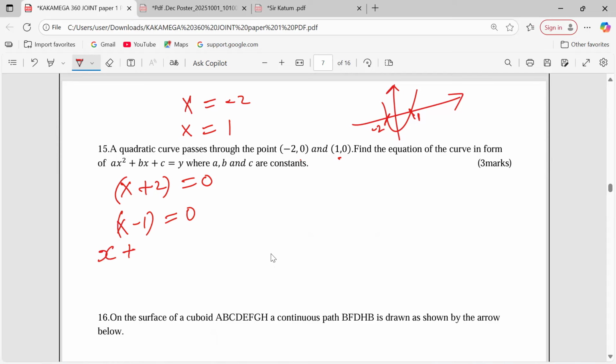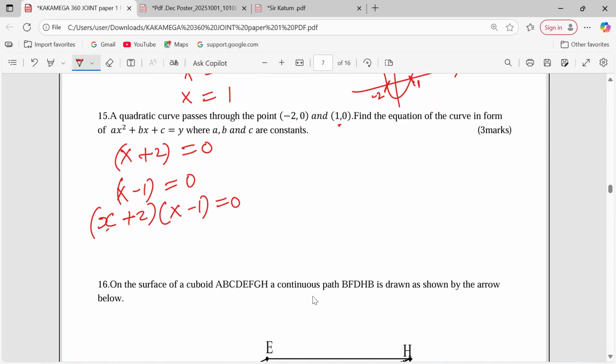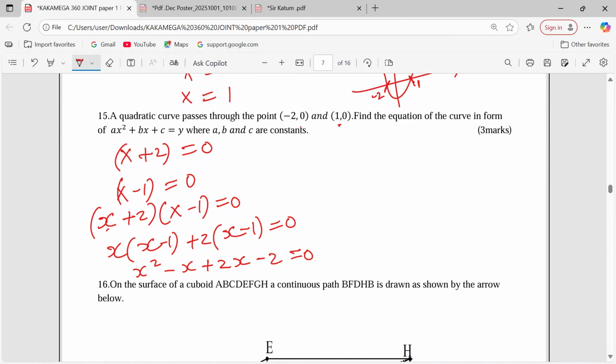Then we can now expand: x plus 2 times x minus 1 equals to 0 like that. So x into x minus 1 and +2 into x minus 1 should be 0. X squared minus x plus 2x minus 2 equals to 0.